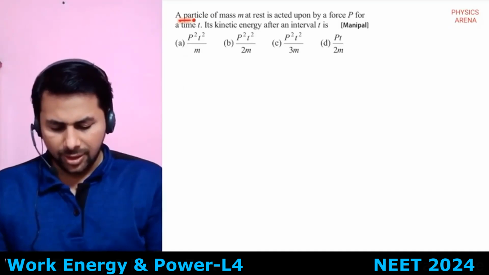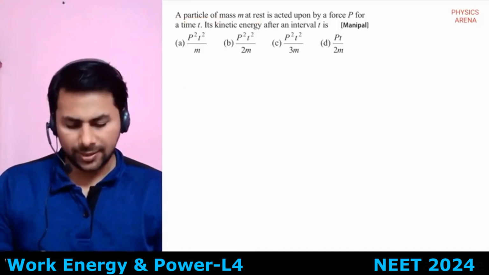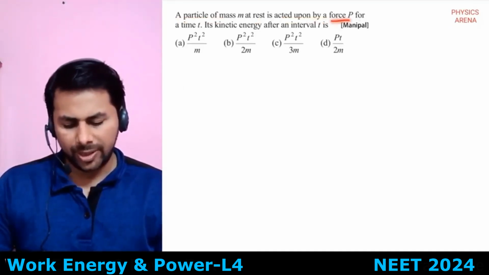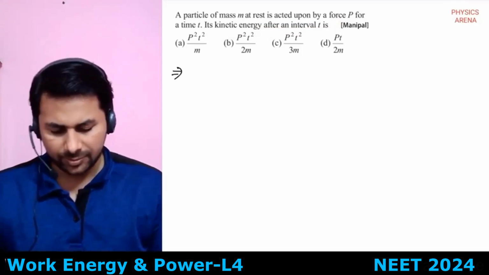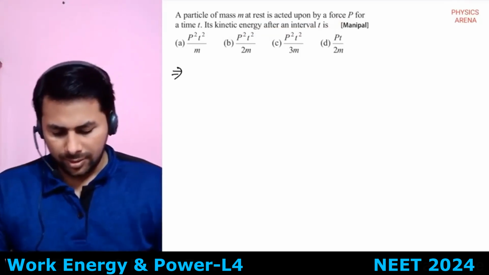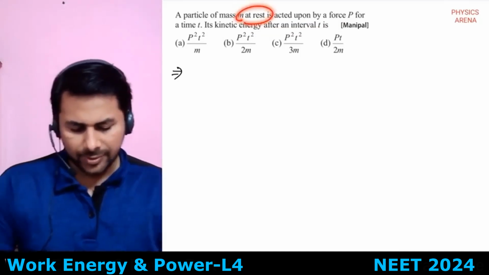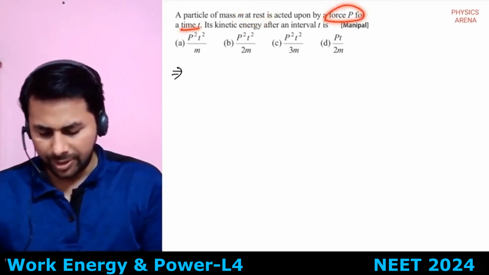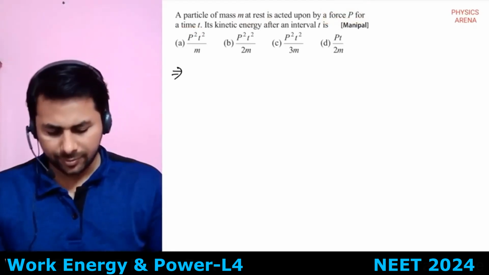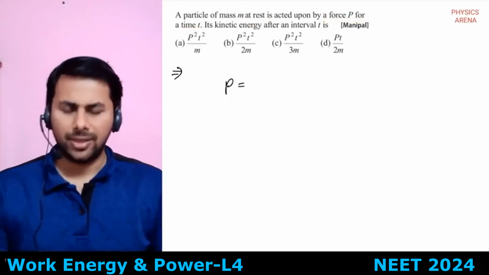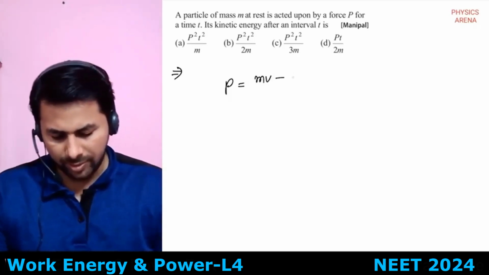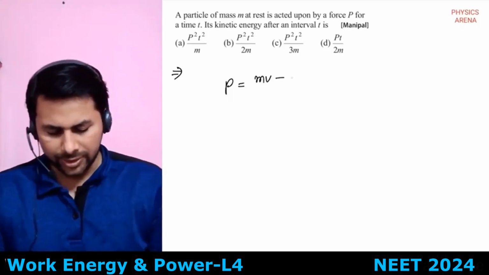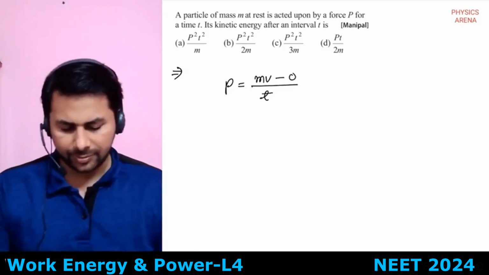Okay, next question. A particle of mass m at rest is acted upon by a force P for time t. Its kinetic energy after an interval t is. Tell me. It is starting at rest, acted upon by a force for time t. Force is P. So P equals final momentum, m v minus m u, where u is 0, divided by t.